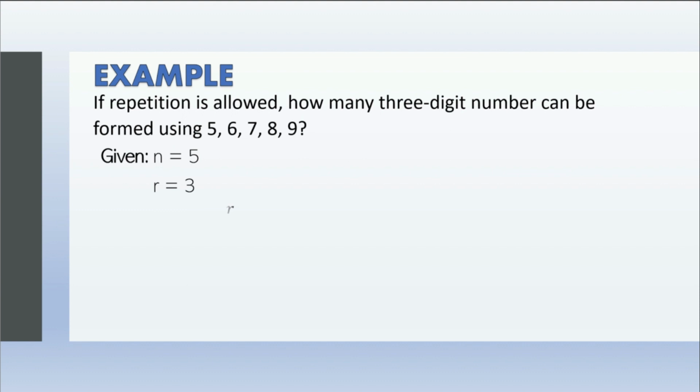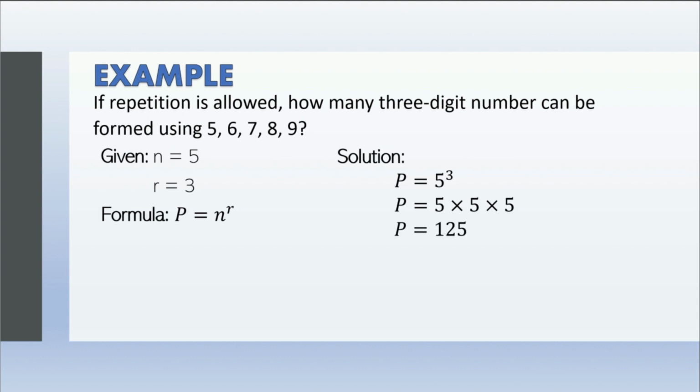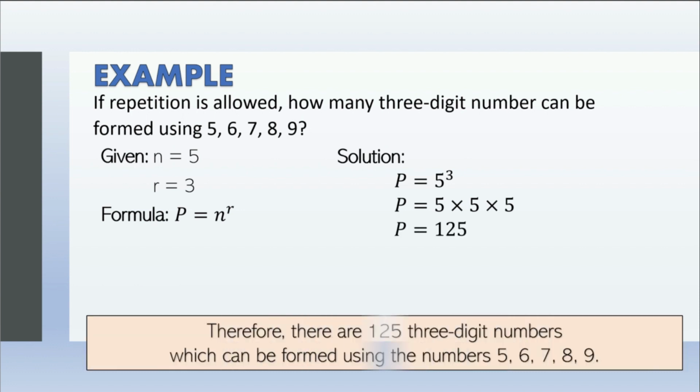Following the formula of P is equal to n raised to r, we have P which is equal to 5 raised to 3. And 5 raised to 3 is equal to 5 times 5 times 5, which is equal to 125. Therefore, there are 125 3-digit numbers which can be formed using the numbers 5, 6, 7, 8, and 9.